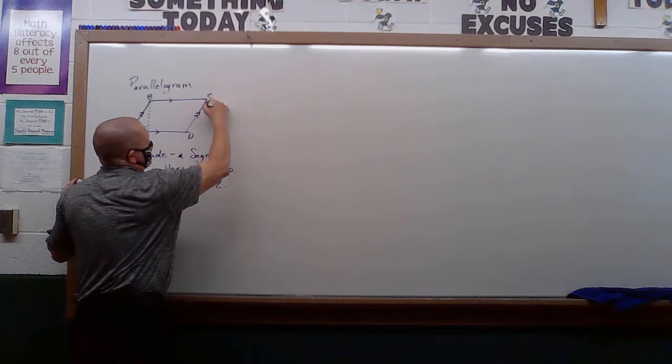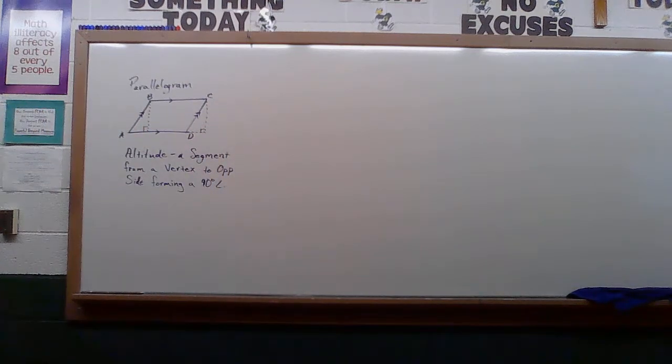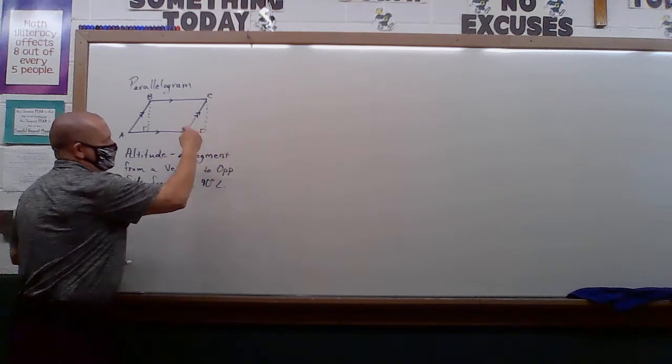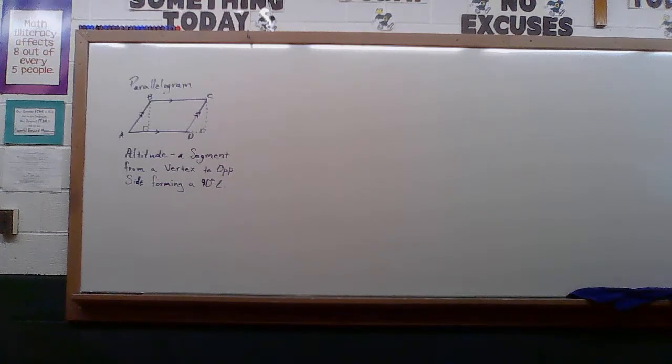So even though they draw this right out here, and extend this also, can I consider that an altitude of that parallelogram? Yes. Okay, so don't be shocked if they show that altitude and that 90-degree angle on the outside of my figure.